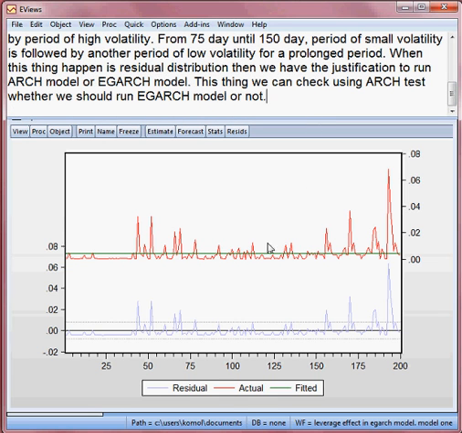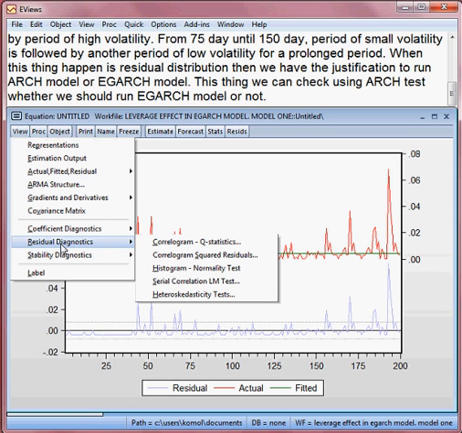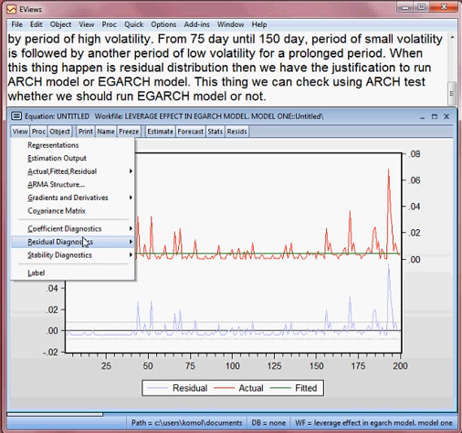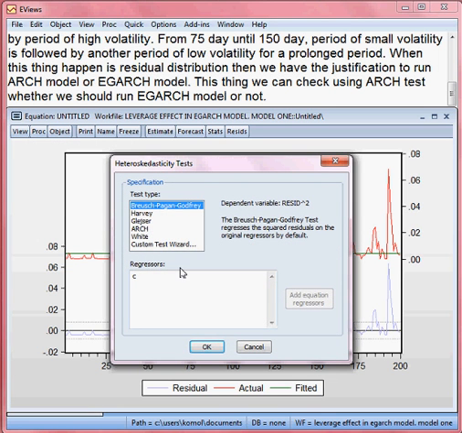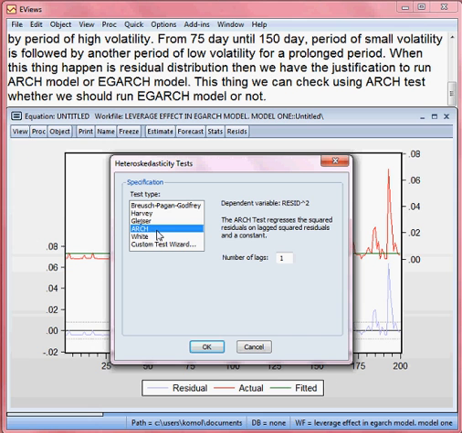So where is the arch test? I go to View, Residual Diagnostics, then you can see Heteroscedasticity Test. I click here, and from here you can see ARCH. You choose ARCH, then click OK.